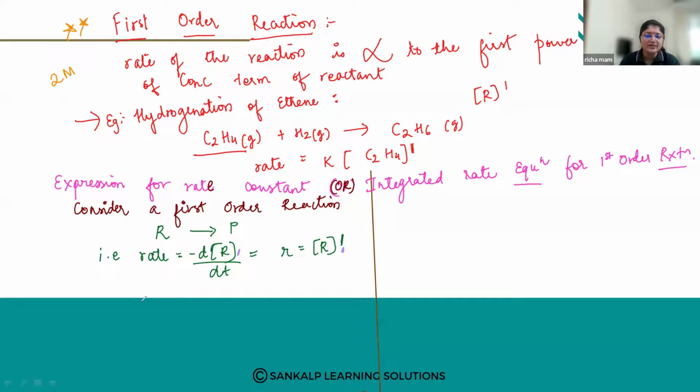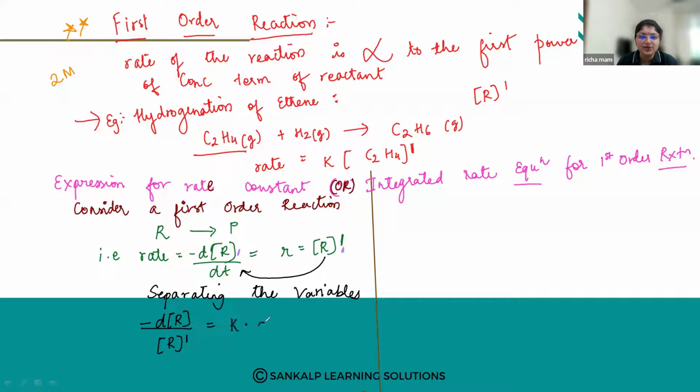So separating the variables, we take the variables of the same kind on one side. It is minus d[R] by [R], raised to 1, and if you don't write 1 it is understood to be 1, is equal to k into dt.